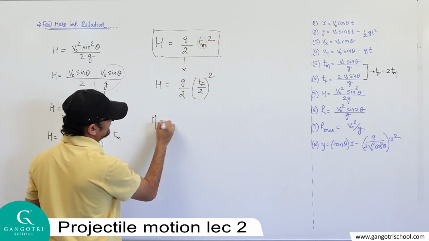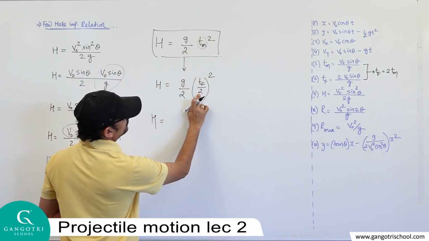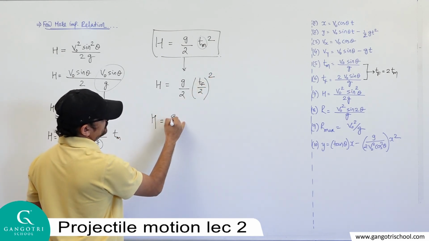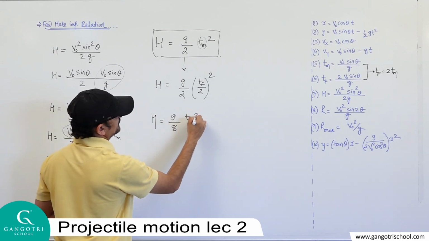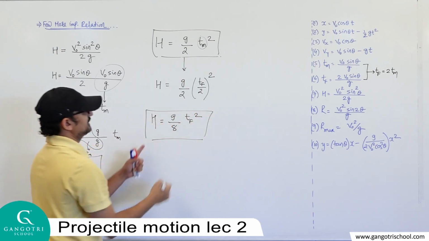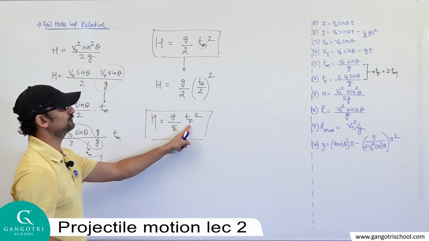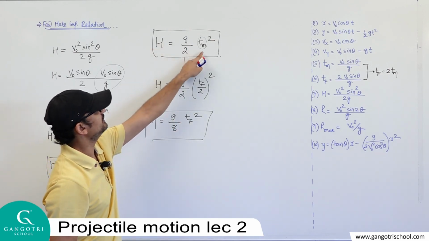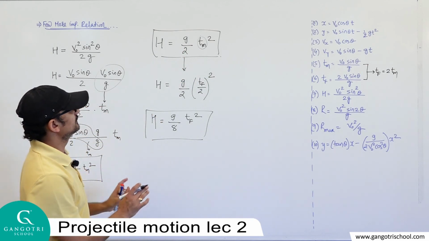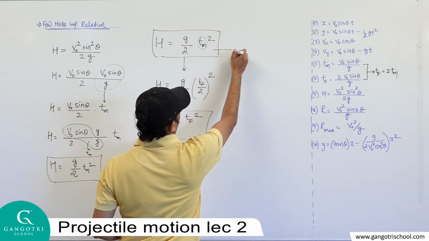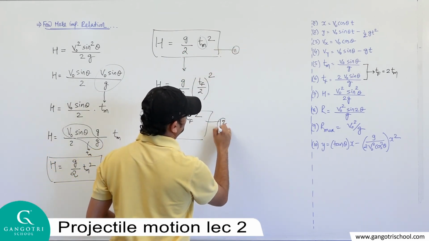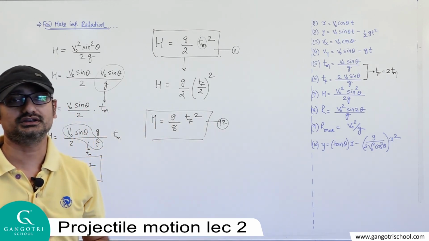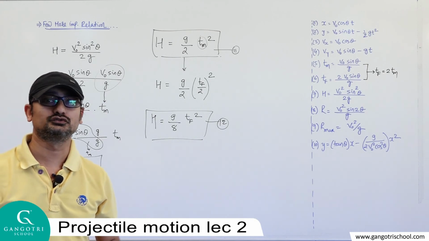So now finally h is equal to g by 2, and the square of 2 is 4, 4 twos are 8, g by 8 Tf square. This is the relation between maximum height and time of flight. The earlier one is the relation between maximum height and time to reach maximum height. So let's call this formula number 11 and this formula number 12. You should remember these formulas also for shortcuts in doing the MCQs or sums.